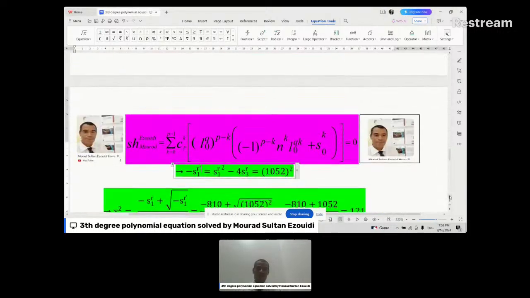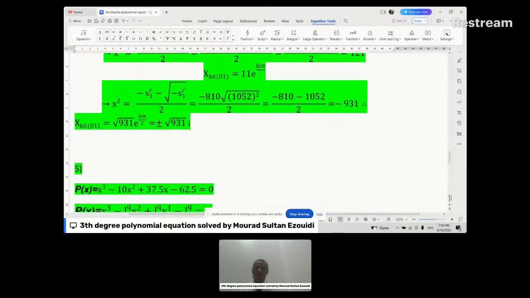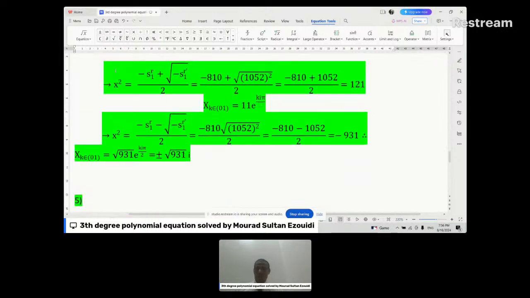We continue, learners. Okay. Therefore, we told this is the first two x roots of the 4th-degree polynomial equation. Okay. Now we should find the other two x roots of the 4th-degree polynomial equation. What we'll do exactly comes here, Mr. Mourad, if it is possible. We told here, see this one? Minus S1 of order R plus root of minus S1 of order R dash divided by 2.